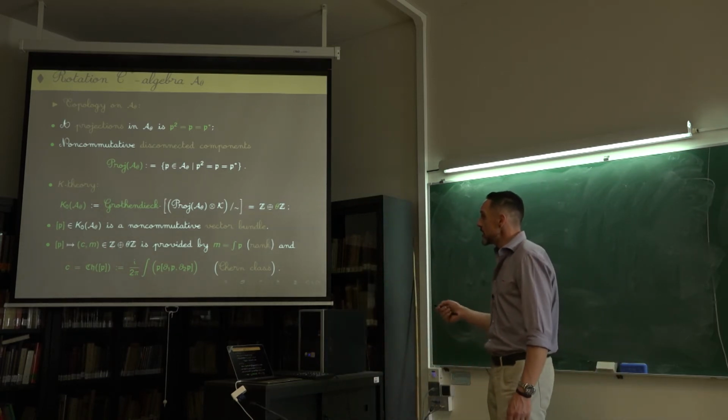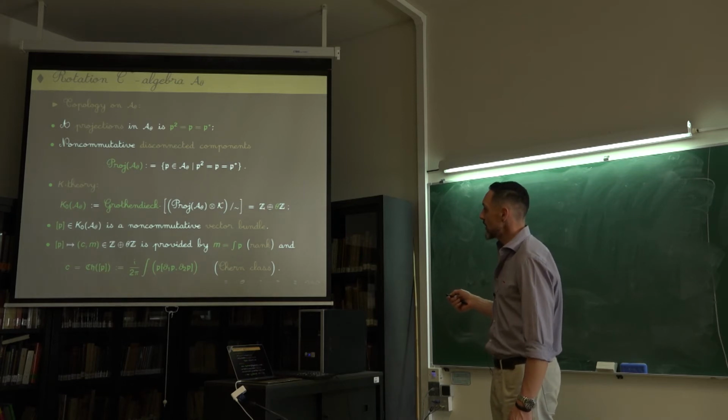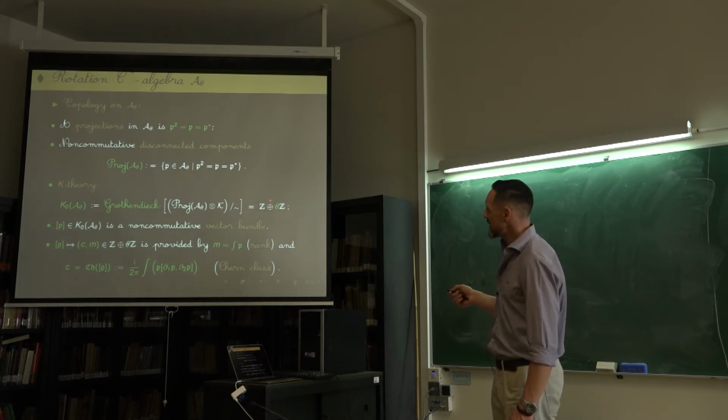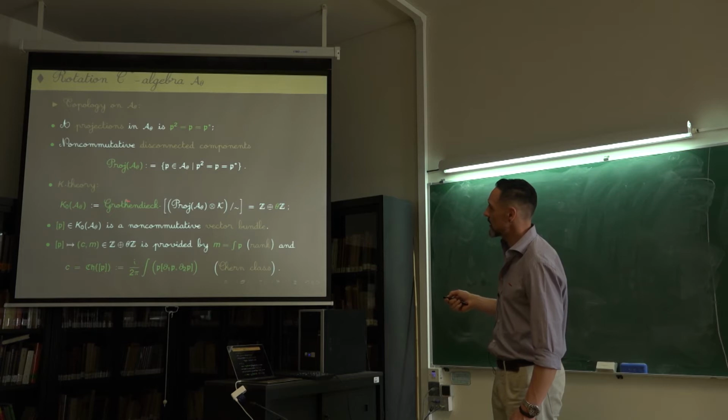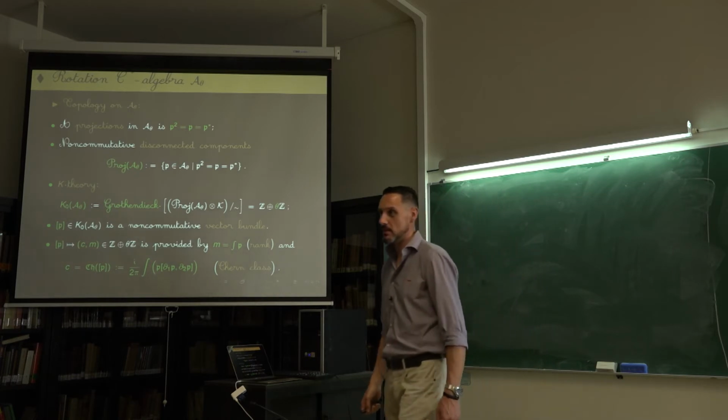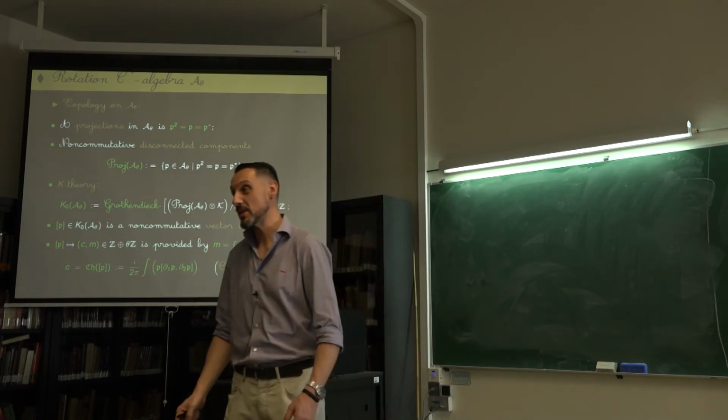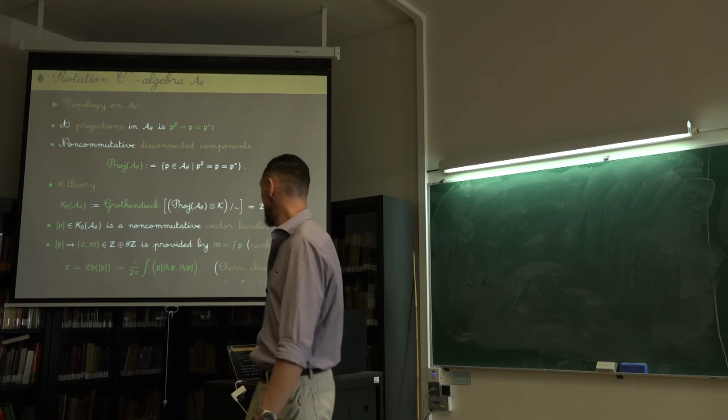In this case I can compute this group, and essentially it is Z plus Z. There is a theta because this group has a little bit more structure. It is not only a group, it is a ring. You can define a ring structure.